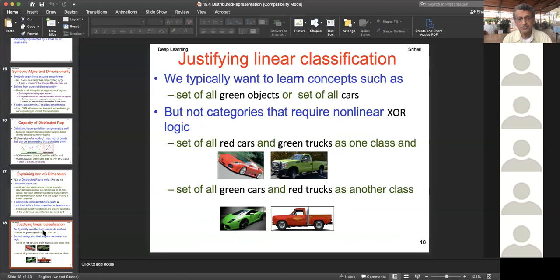Set of all green objects or set of all cars. But not categories that require nonlinear exclusive OR, such as a set of all red cars and green trucks as one class, and set of all green cars and red trucks as another class. This is the idea of exclusive OR.